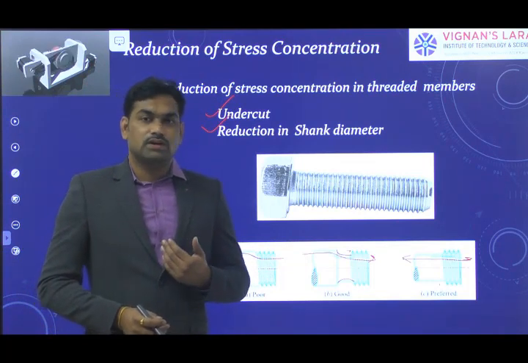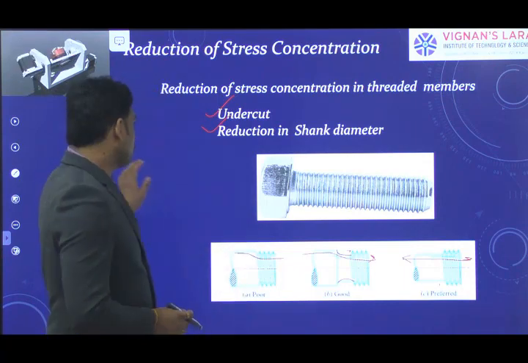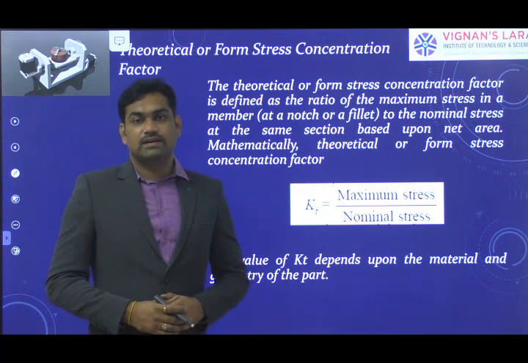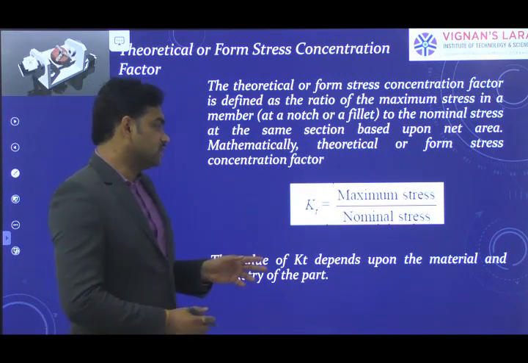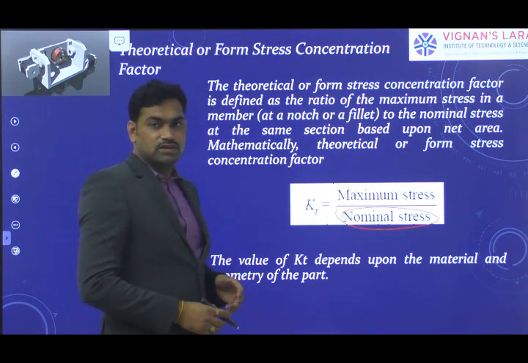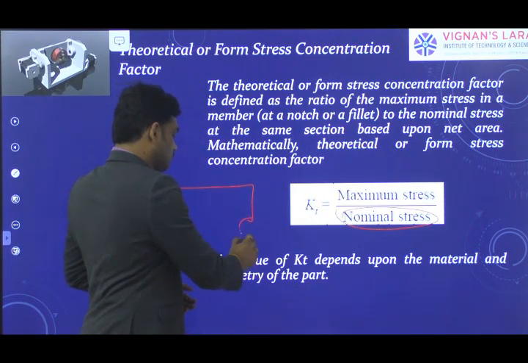And coming to the factors, the stress concentration factor is what we call the theoretical stress concentration factor. As I stated, you can take a rectangular plate with a circular hole.